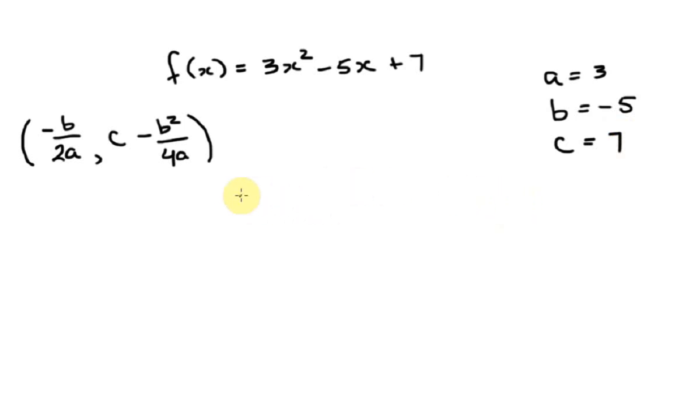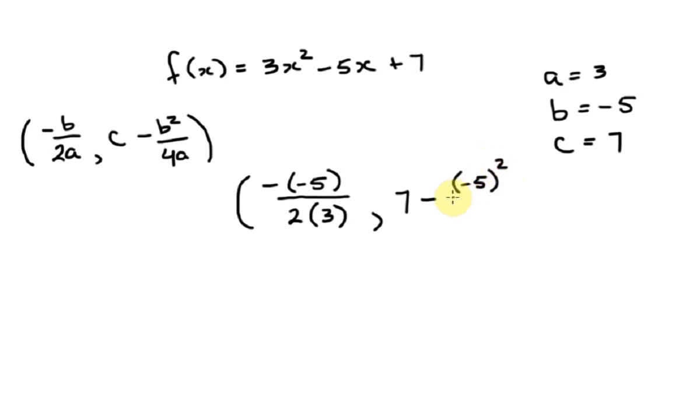Well, now I can go straight into the vertex. I can say, well, it's going to be negative b. Notice it's a negative 5, so just be careful there. And then you got that over 2 times a. Okay, well, that doesn't look too bad. And then I got c, so 7 minus b squared, so that's negative 5 squared, all over 4 times a, 4 times 12.